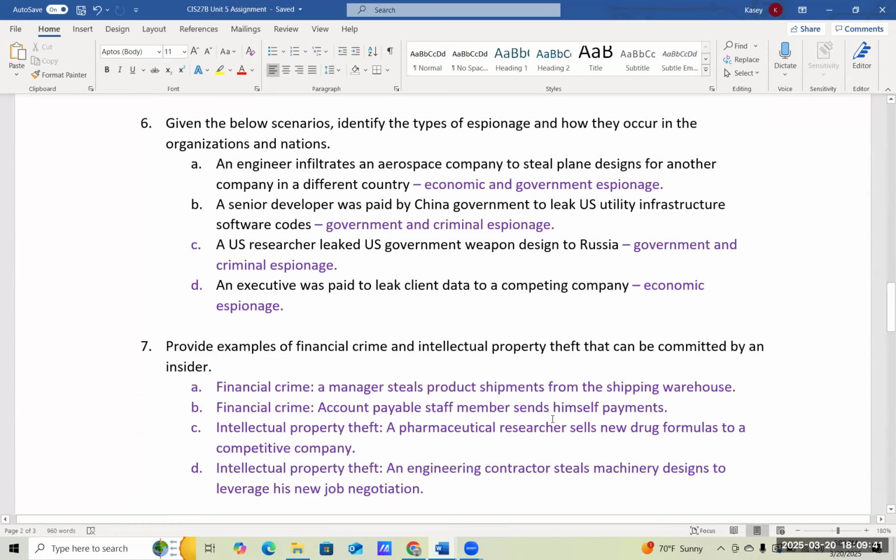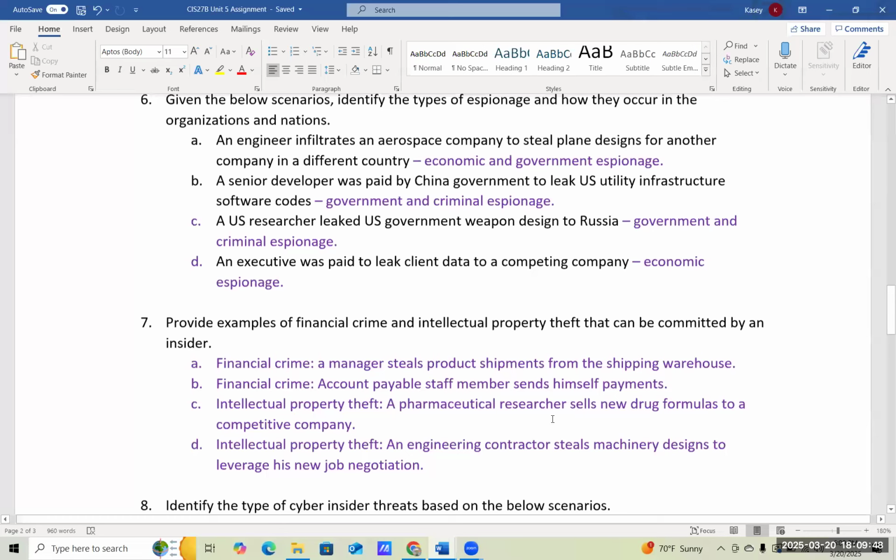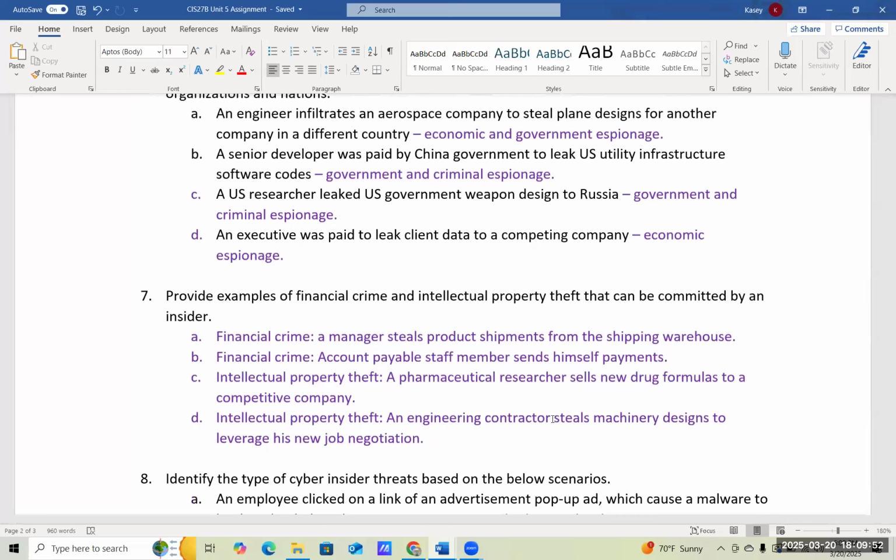Okay, next we're going to talk about financial crimes. So for 7, it says provide examples of financial crimes and intellectual property theft that can be committed by an insider. So these are the objectives for a lot of the insider threats, right? Because they want to gain.